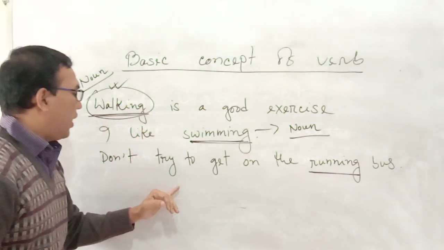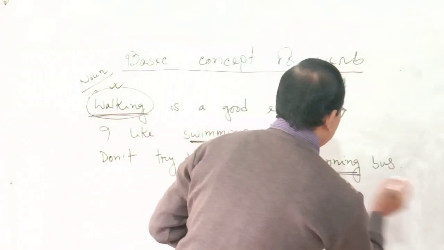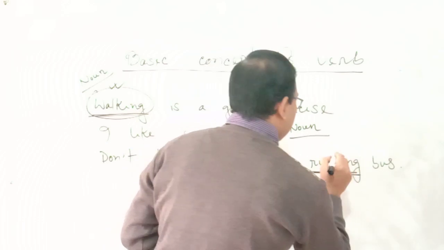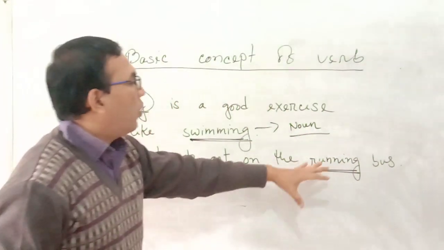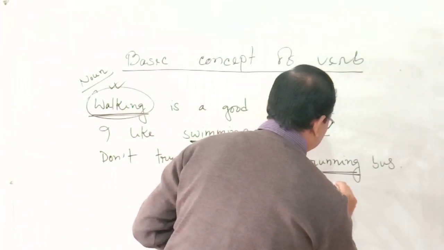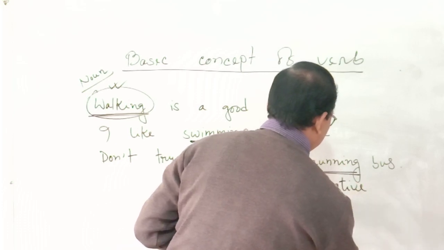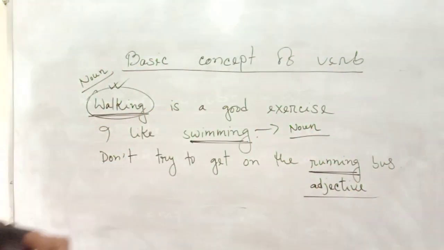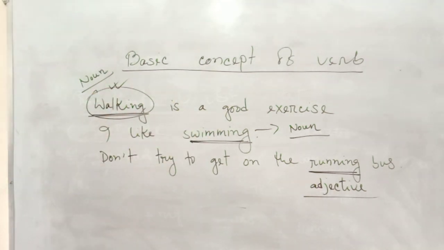But don't try to get on the running train. Here, running bus. This verb with ing, the word running, works as an adjective. So this is a present participle. And I can give some other examples.